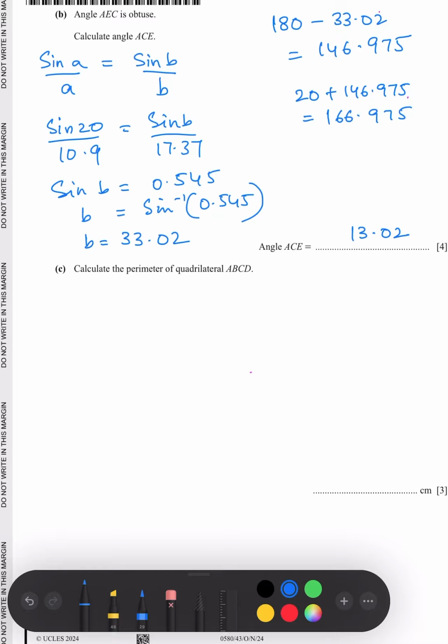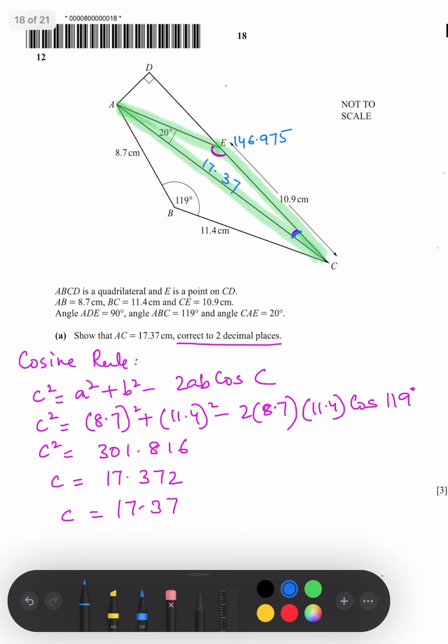Now part C, calculate the perimeter of quadrilateral ABCD. So perimeter, as you know, is the sum of all sides. AB is given, BC is given, CE is also given, and we have to calculate DE and AD. 13.02 is this angle.